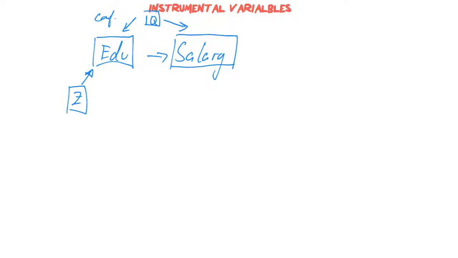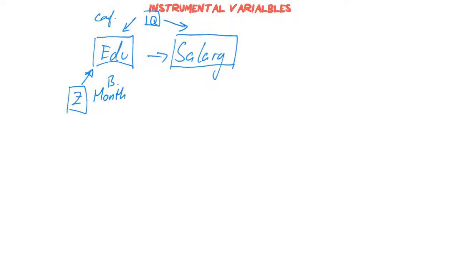So let's try to find one such variable. One variable that could affect education but should not affect your salary directly might be the month when you were born. So why would that be, the birth month?